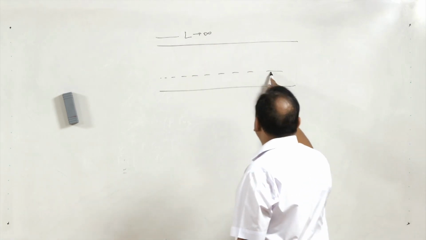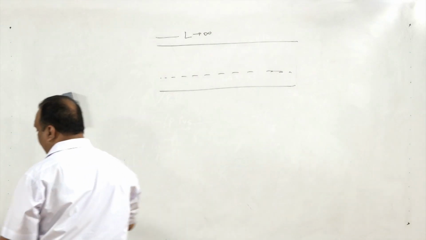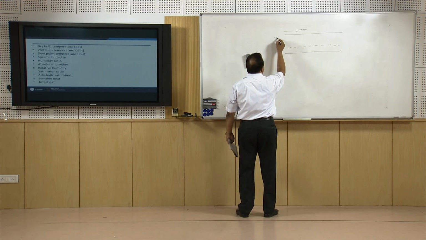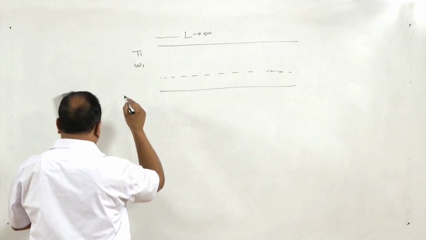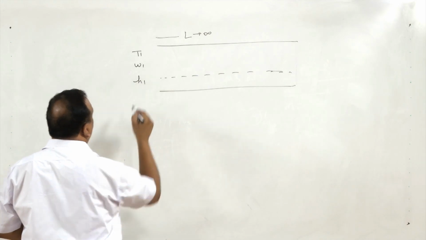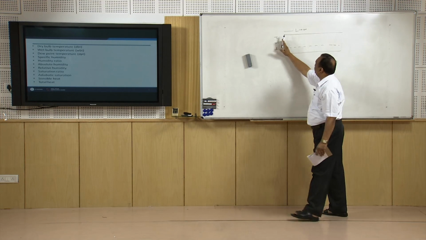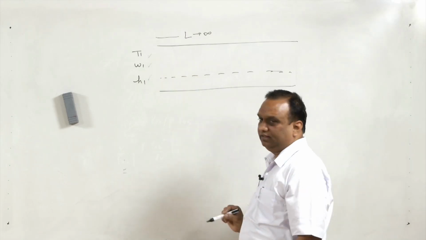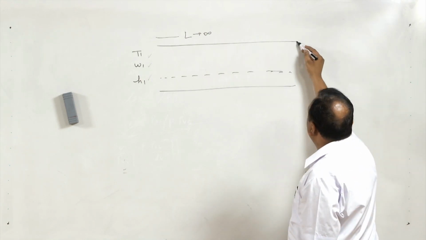There is a passage of infinite length, and vapor is entering from this side having temperature T1, specific humidity W1 and enthalpy H1. So any air entering from this side will have a certain temperature, specific humidity and enthalpy. Now this air will leave from this side.